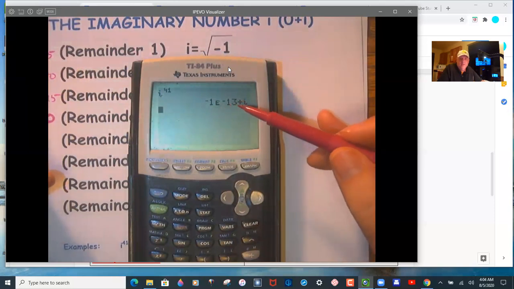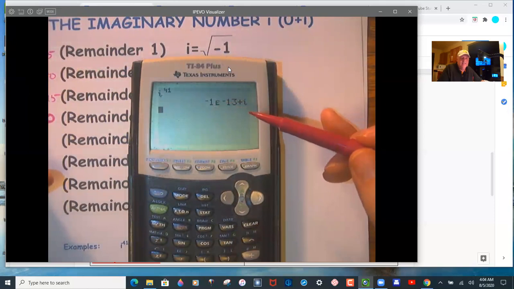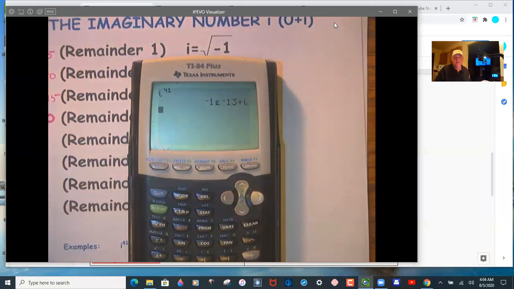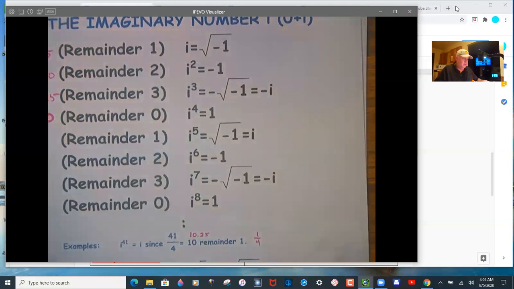It shows -1e-13 plus i. That 1e-13 really means 0, so you have to know how to read 0 when there's a little bit of calculator error. That's really like saying 0 plus i, which is i.